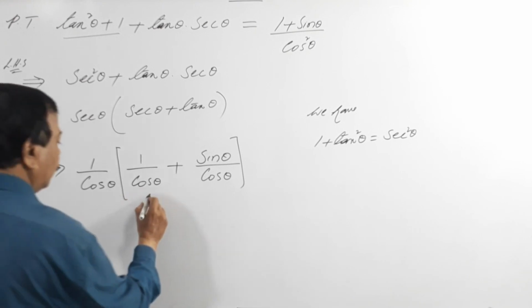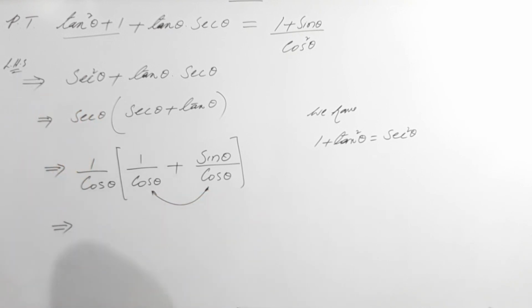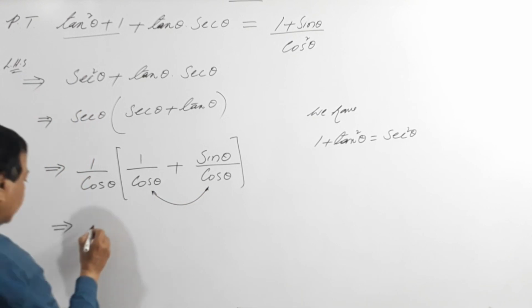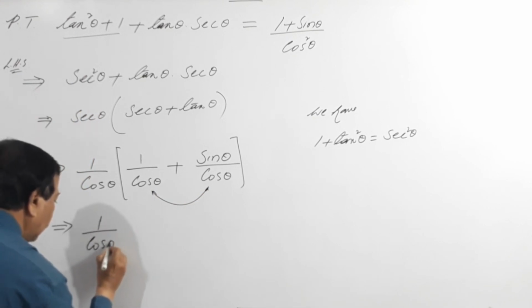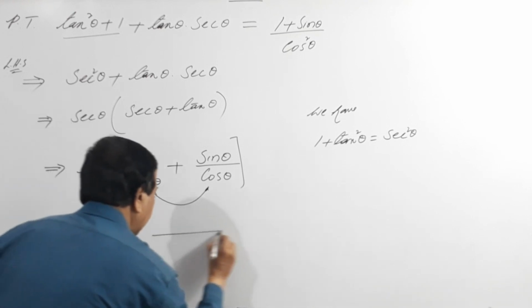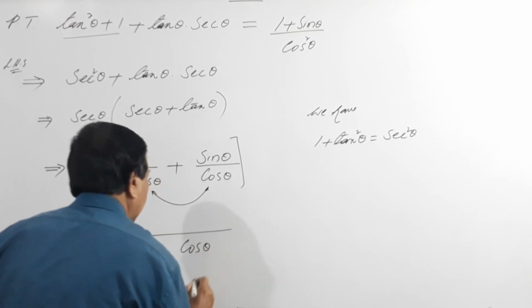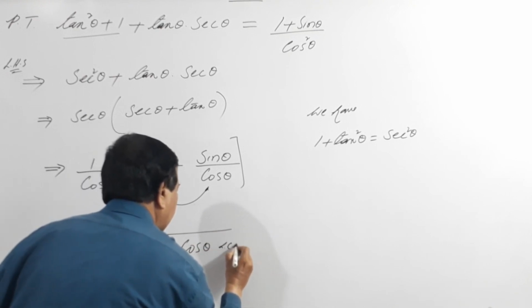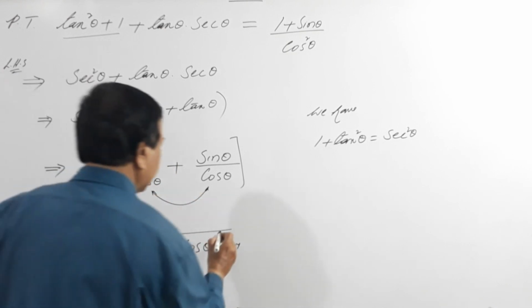So add both of them. How? Take the LCM. So this becomes 1 by cos theta straight away. So the LCM is cos theta, because they have a common base. So we take the LCM equal to this.